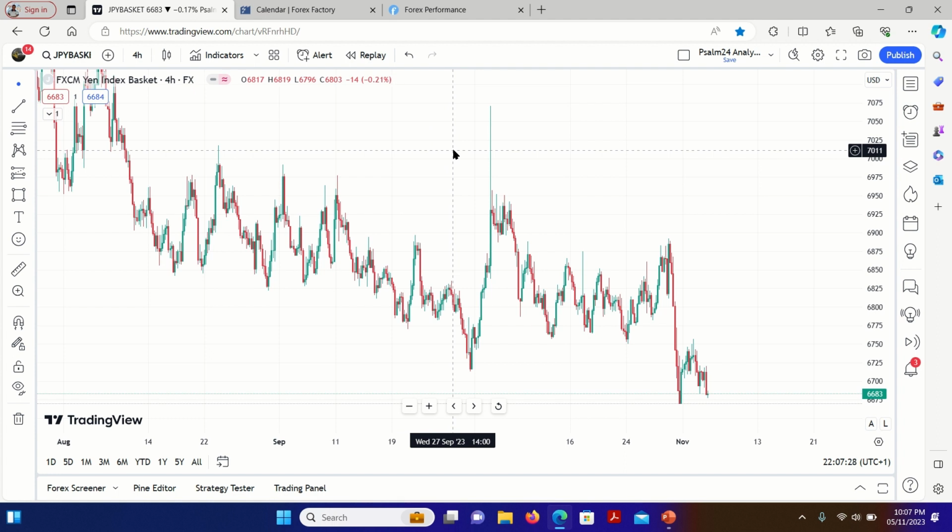There is also TWI. TWI means trade weighted sterling index. That is used to determine the index of GBP, that's the pound. There is also the Canadian dollar index, which is used to determine the relative value of the Canadian dollar against the basket of major currencies in the world. There are two currencies that do not have an index.